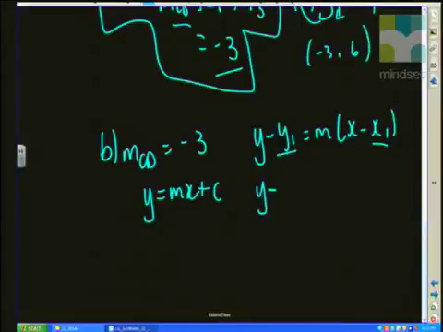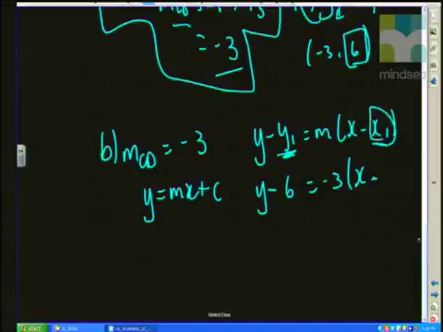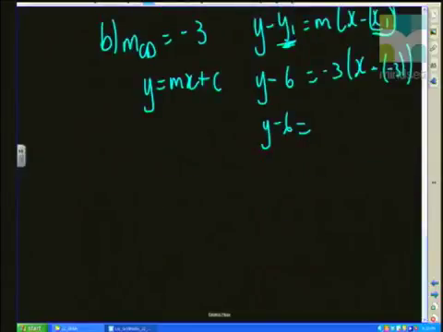So it's going to be y minus y1, y1 being the y value of your coordinate that was given, is equal to m, which is your gradient, times x minus x1, which is the x value you were given. Again, use brackets so that you don't mix up your signs there. You get y minus 6 is equal to minus 3 times x plus 3.